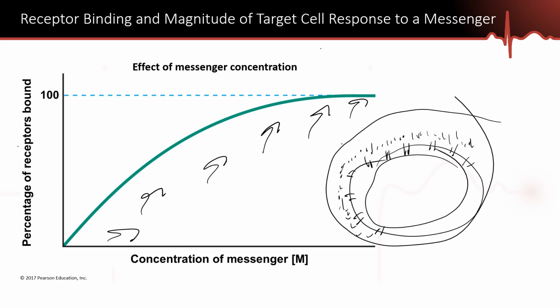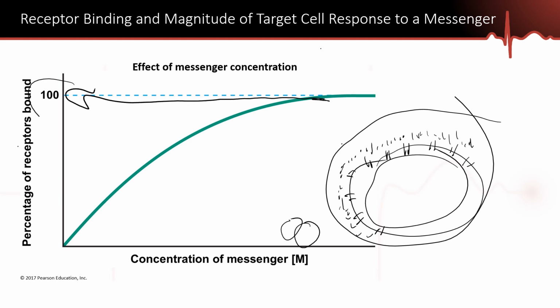If there's a higher concentration, let's say over here, of epinephrine around the heart, then there's going to be more epinephrine bound to more epinephrine receptors on the heart, and the magnitude of effect that epinephrine is having on the heart will be significantly greater.